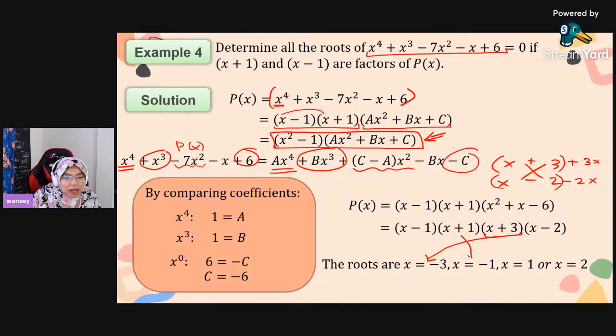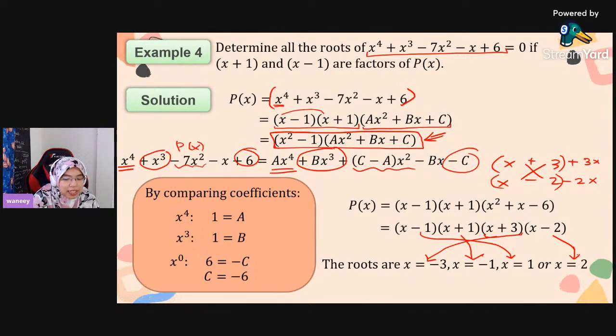So that actually comes from x plus 1. X equal to 1. So that comes from x minus 1. And then x equal to 2 from x minus 2. So altogether we have 4 roots. X equal to negative 3, x equal to negative 1, x equal to 1, or x equal to 2.